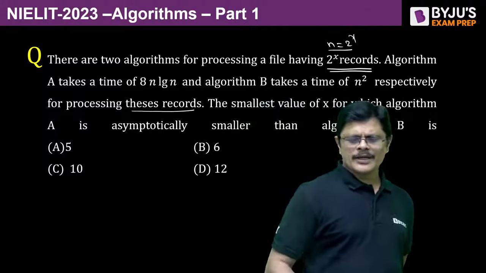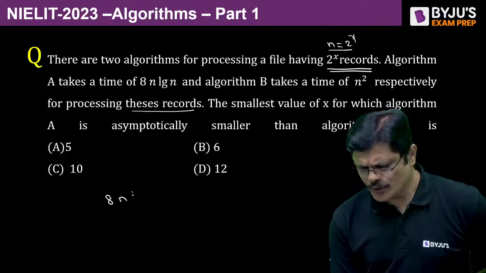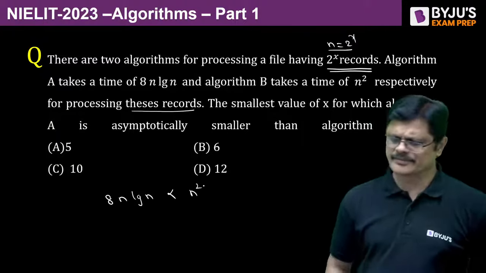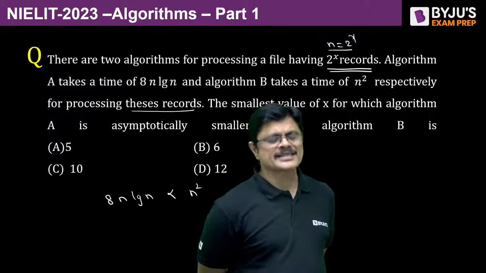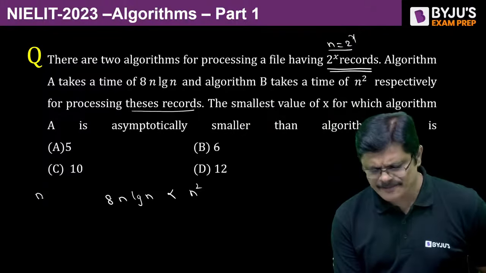So you want A, which is 8n log n, to be smaller than B, that is n^2. So you have to tell for what value of x this condition will be satisfied. Put n equal to 2^x, my dear friends.